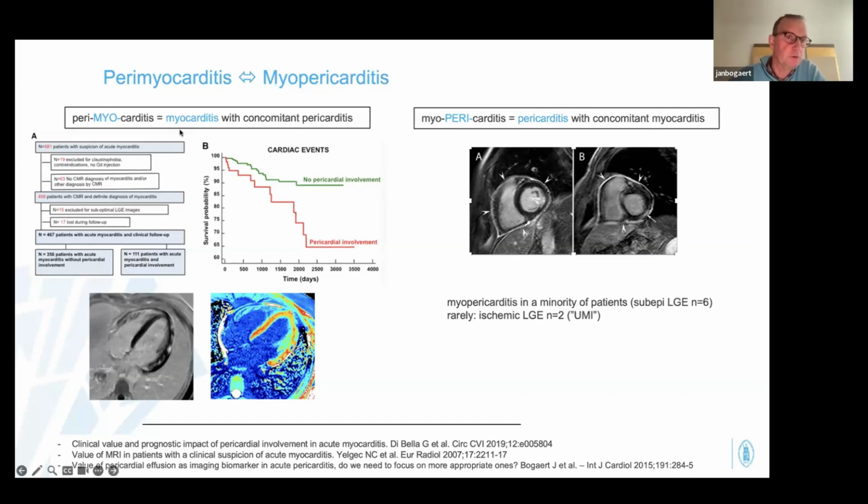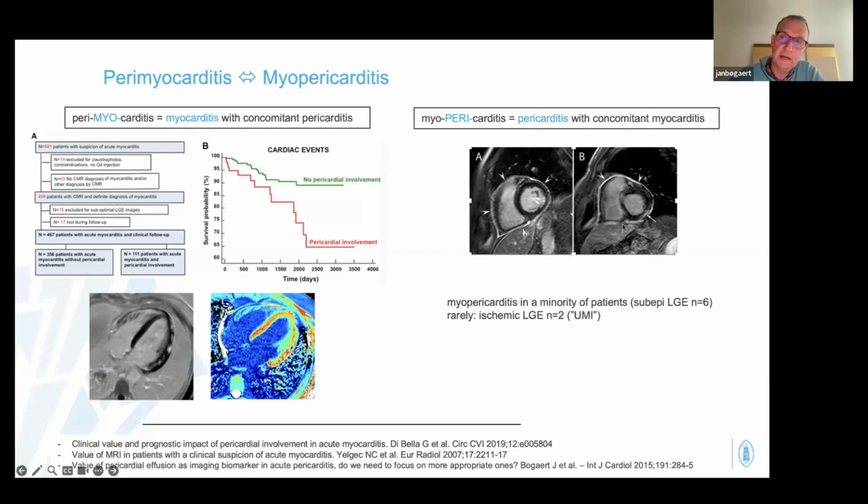So the condition where you have myocarditis with concomitant pericarditis is called perimyocarditis, as you can see here. In this patient, there are several areas of subepicardial enhancement along the lateral wall of the left ventricle, with also some pericardial enhancement. And the other condition is myopericarditis, which means pericarditis with concomitant myocarditis.